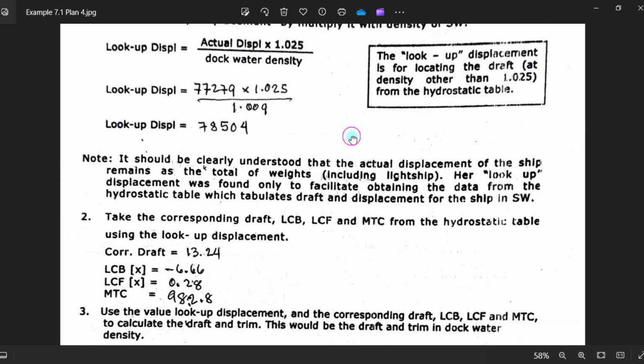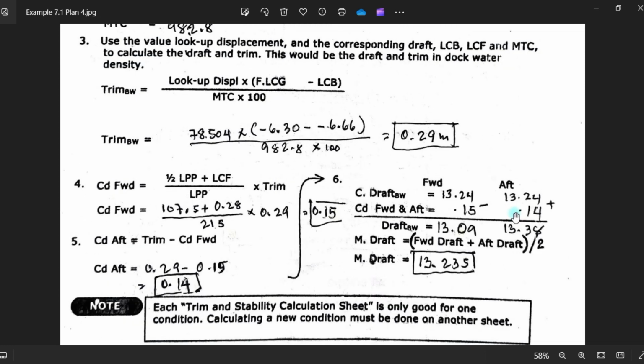You put here forward 13.24 and aft 13.24. Then the change of drop: forward will be 0.15, and aft will be 0.14.